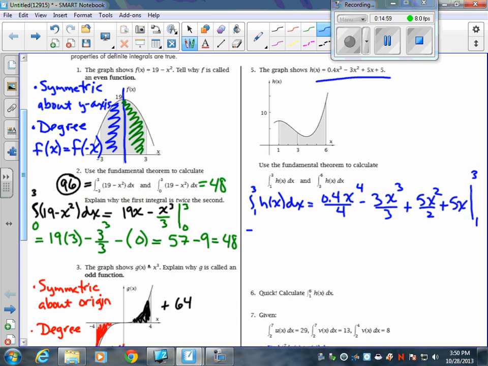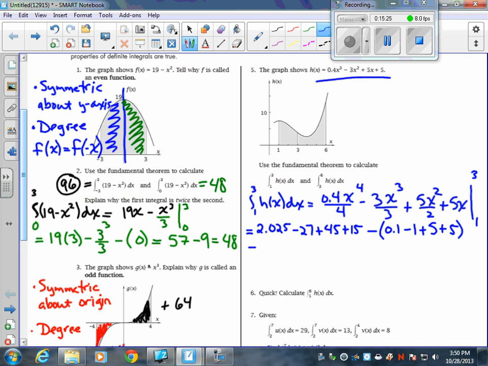So I'm going to plug this in, and at this point I would just use my calculator and figure out what this is. When I worked this out, I got 2.025 for the first term, minus 27 plus 45 plus 15, and then subtracting, when I plug in a 1 now for x, I get 0.1 minus 1 plus 5 plus 5.